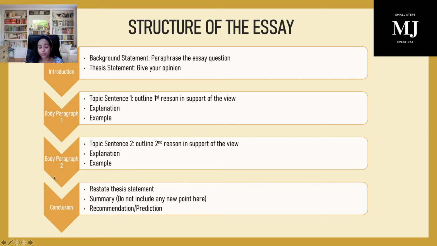Once you're done with both the body paragraphs, you will come down to conclusion. Now, what is happening in conclusion, guys? Remember, your conclusion will have 3 parts. First, restate the thesis statement. That means you have to again mention the same opinion you mentioned in the introduction.